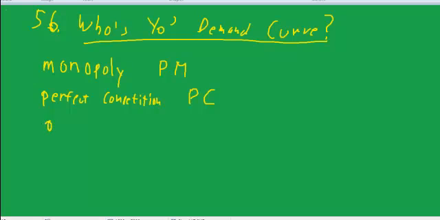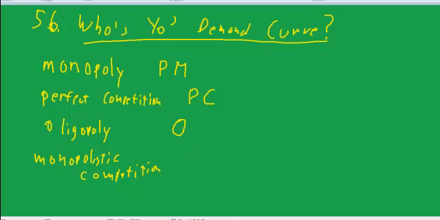Then there's oligopoly, which I'll call O. And there's something called monopolistic competition, which I'll call MC.